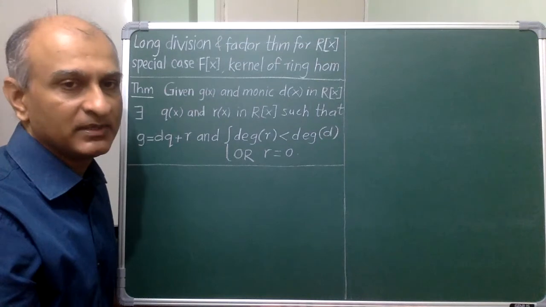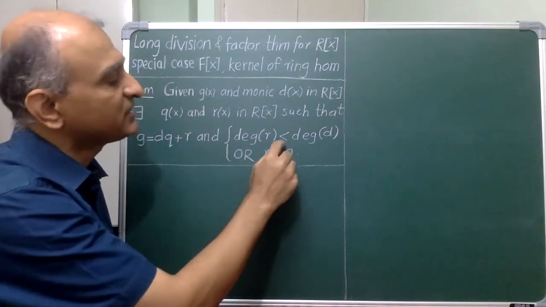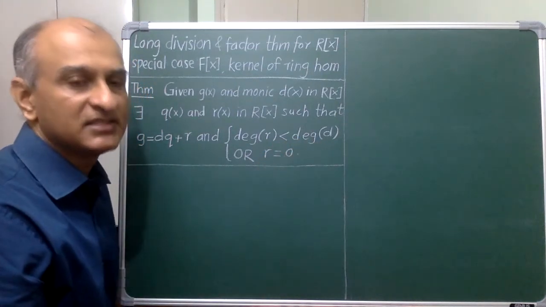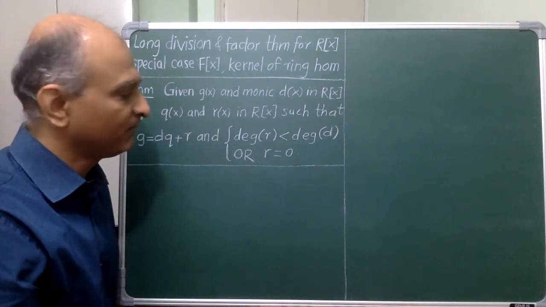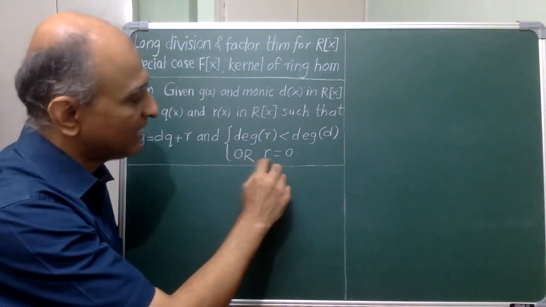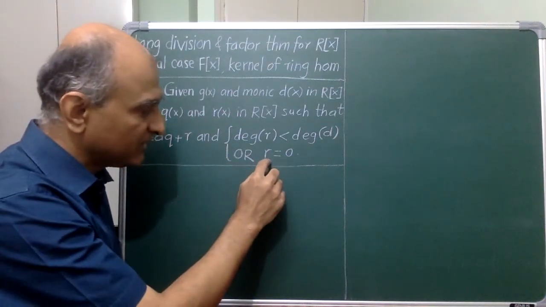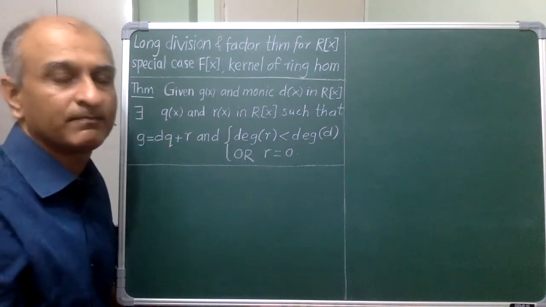Since these are polynomials, what I require is that the degree of r should be strictly less than the degree of d. Of course, I remember that the zero polynomial, which is the smallest polynomial, does not have a degree. And so I have to introduce that as a separate possibility over here. An important possibility, because when r is 0, that means that d is a factor of g.